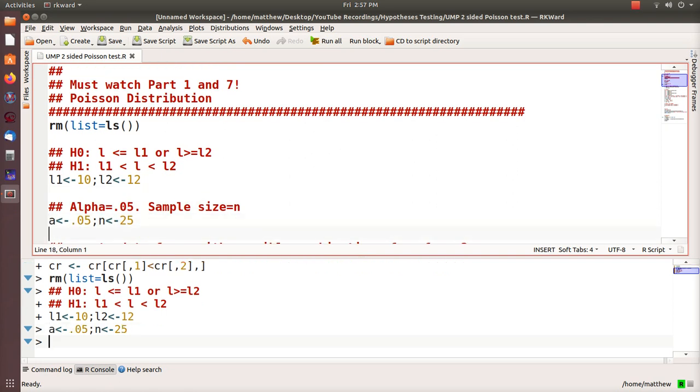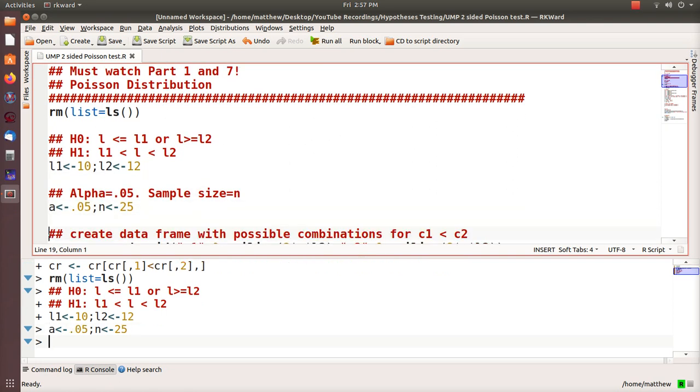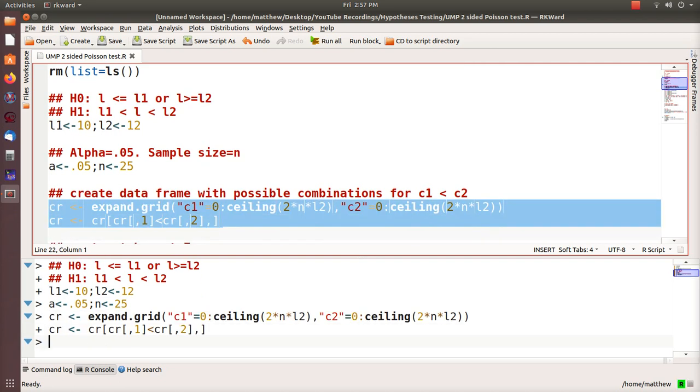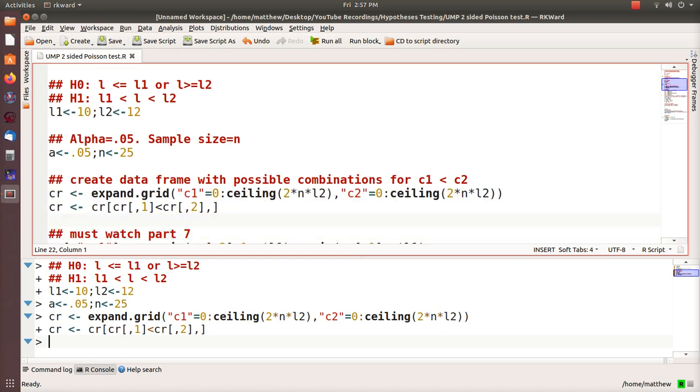We're going to let alpha be 0.05, sample size of 25, and we're going to create a matrix of possible C1 and C2 values. We can't do all like we did in the binomial setting because here the support is from 0 to infinity. So we have to pick C1 and C2 values in a smart fashion, and we base it upon the mean observed.